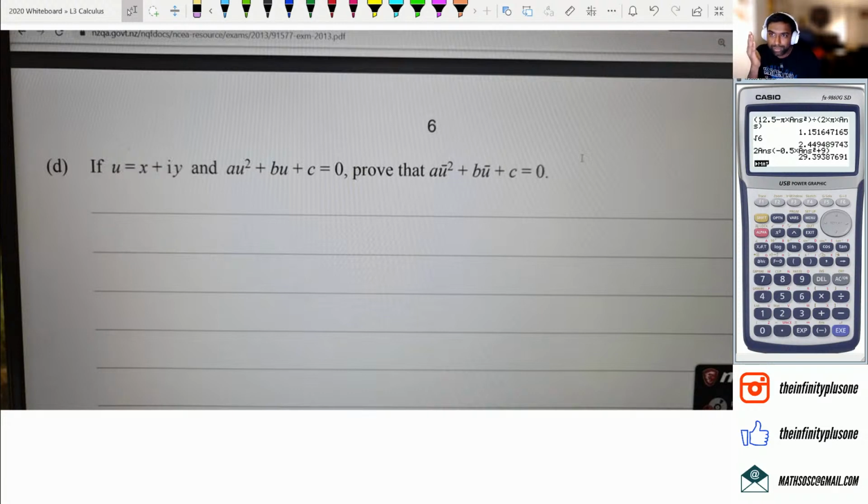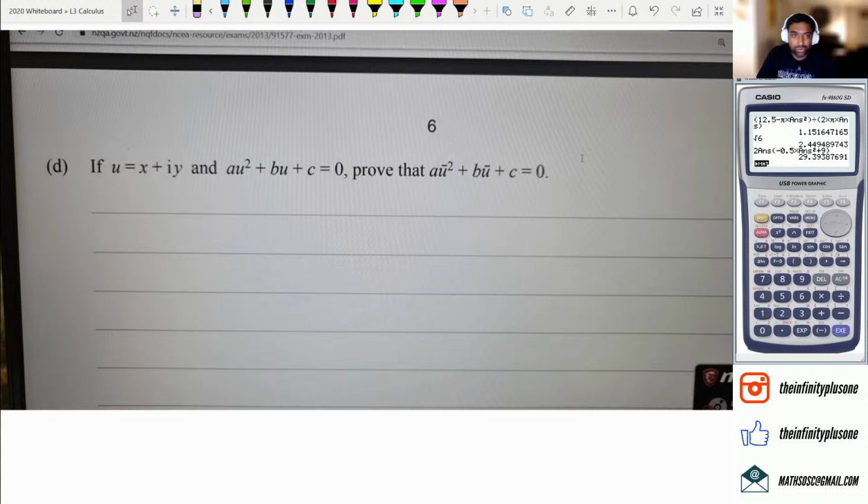Well, let's have a look. We've been given u equals x plus iy, and that's our first condition. Our second condition is au squared plus bu plus c equals 0. Now we've got to prove that a times the conjugate of u squared plus b times the conjugate of u plus c equals 0.